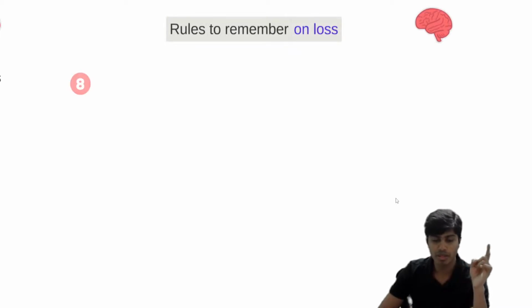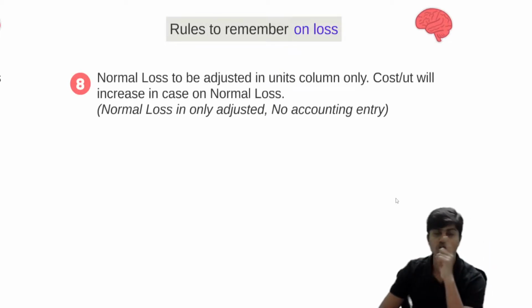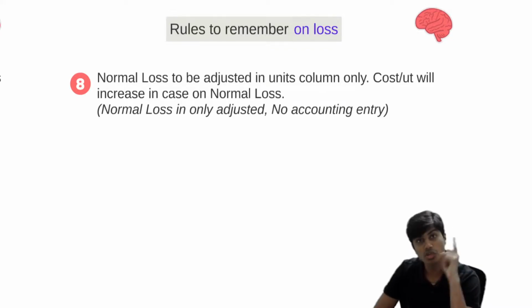Let's quickly see what are the rules that we should remember with regard to normal and abnormal loss. Rule number one is normal loss is to be adjusted only in units column. So cost per unit will increase when there is normal loss.